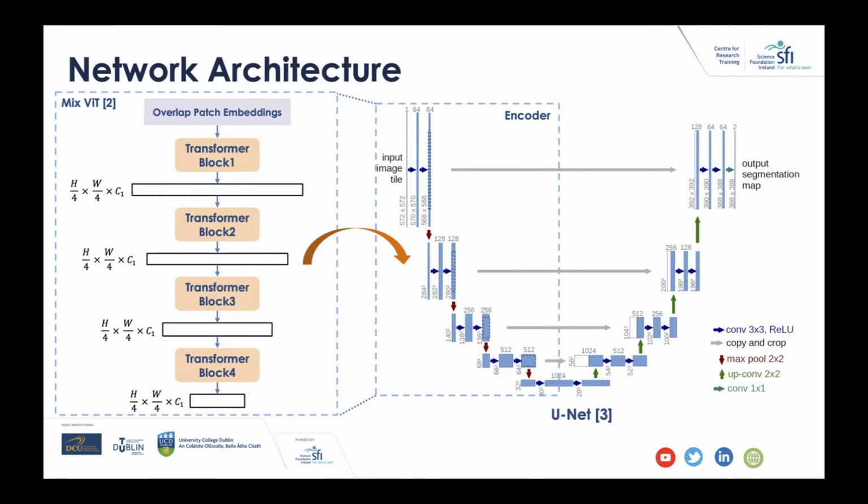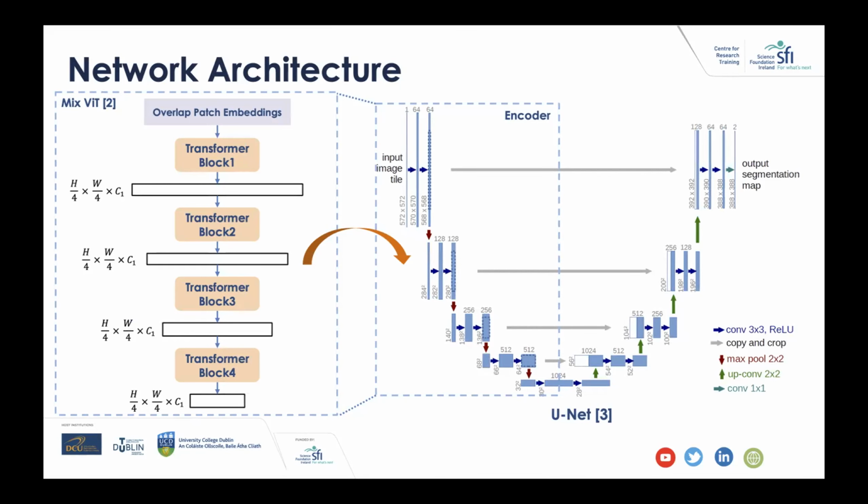So in this challenge, for the final submission, we use the mixed vision transformer from the SegFormer paper. That was first designed by that paper, and we just reproduced this mixed vision transformer and replaced the UNet encoder with it.